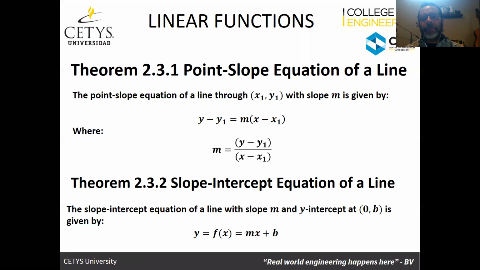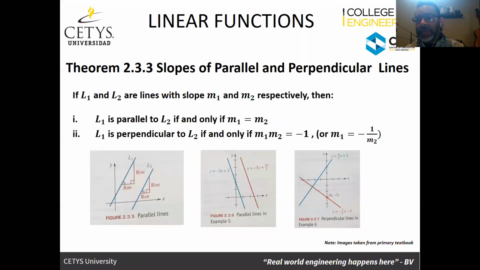Now let's look at another important characteristic of lines, which has to do with lines that are parallel and lines that are perpendicular. When two lines are parallel, those lines are never going to cross. If we look at the XY plane, we've got two parallel lines that are never going to cross.